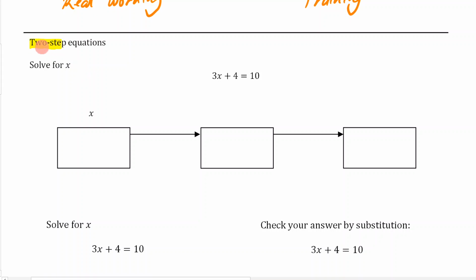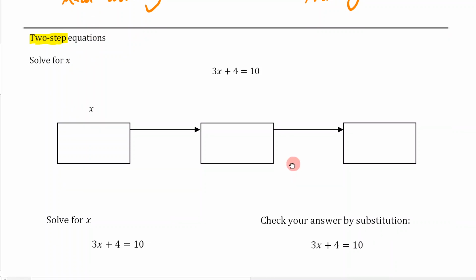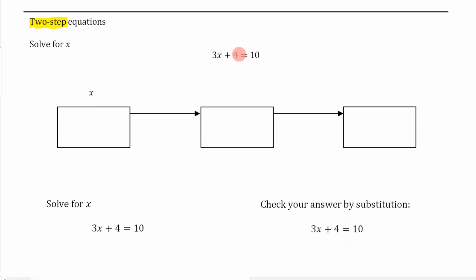Two-step equations. Now, we first have to ask ourselves, what's the difference between a one-step and a two-step equation? Well, let's look over here. This is an example of a two-step equation. And do you see how two things are happening to my x here? I'm multiplying it by 3, and I'm plussing it by 4. I have one step, I have two steps.